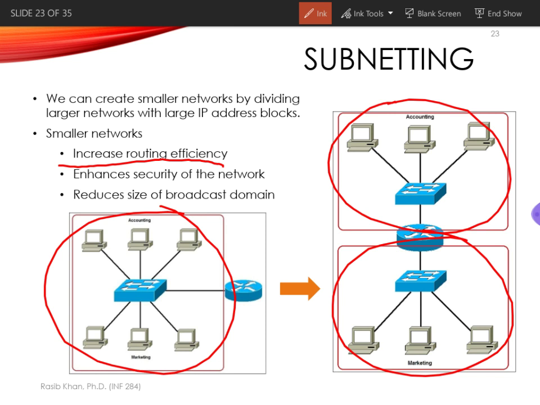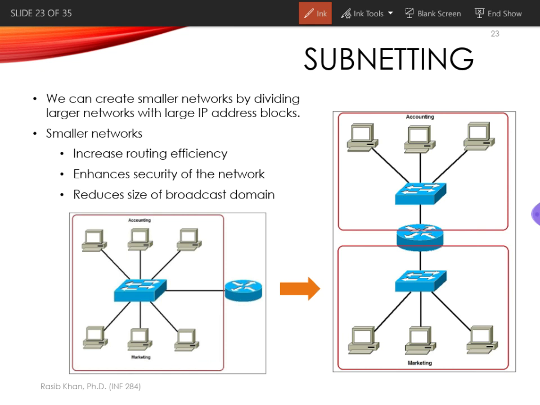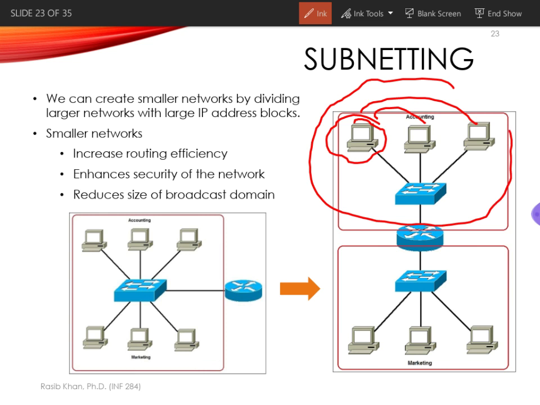Additionally, it also enhances the security of the network, because each of these subnets can be managed separately with separate security settings, etc. Also, let's say one of these hosts would like to send out a broadcast message to all the other hosts in the accounting division. It can only use the broadcast domain of the accounting subnet. That means it reduces the size of the broadcast domain, and therefore overall reduces the number of packets which are propagating in the network.